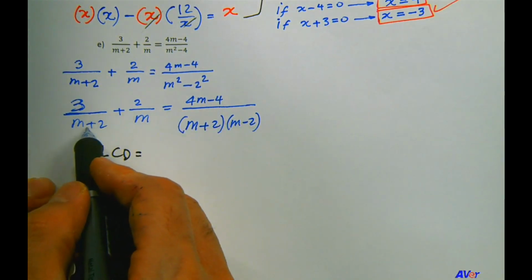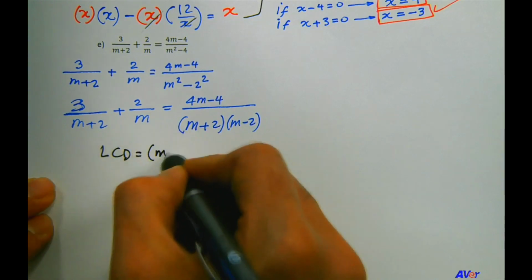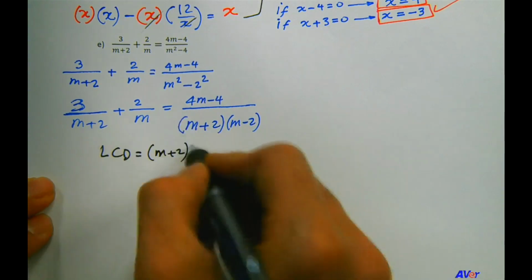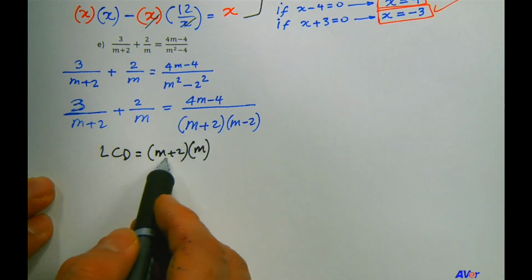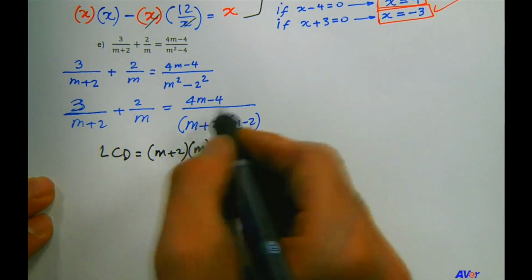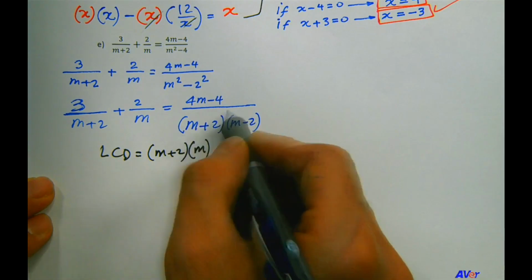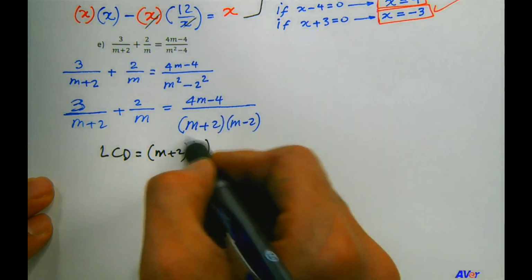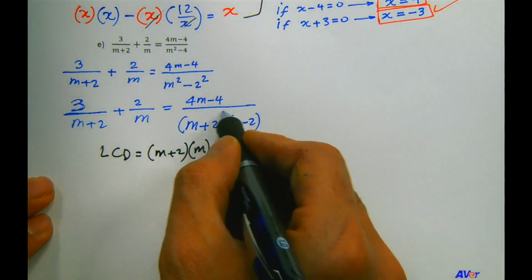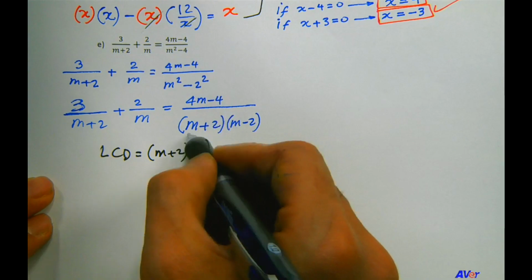Should this be in the LCD? Absolutely. Should m be in the LCD? Absolutely. Should this be in the LCD? Absolutely. It already is. Does it have a higher power than this? No. What if it did? We would put the higher power here. If this was cubed, we would say m plus 2 cubed.